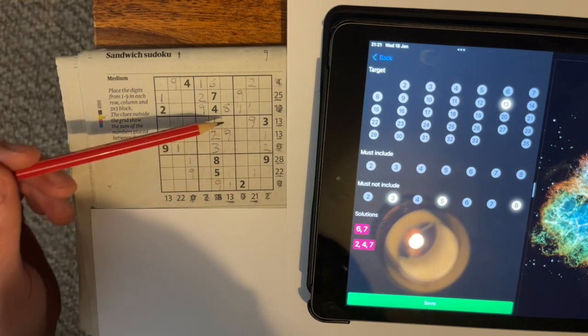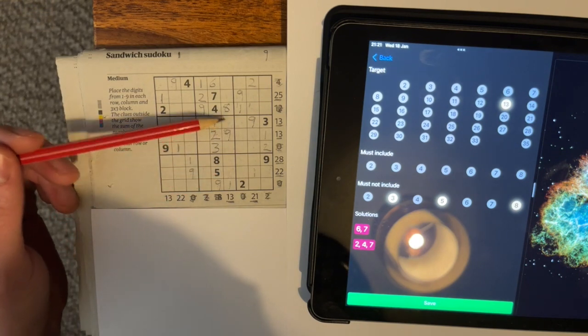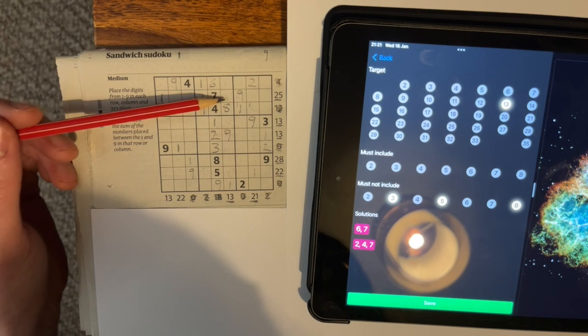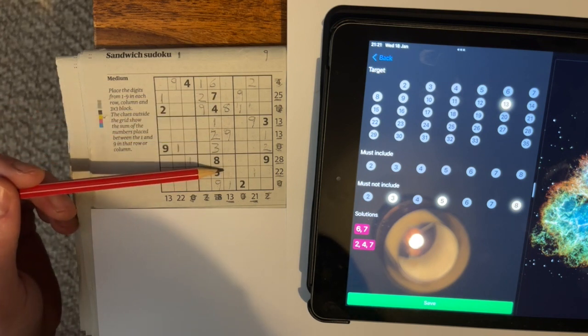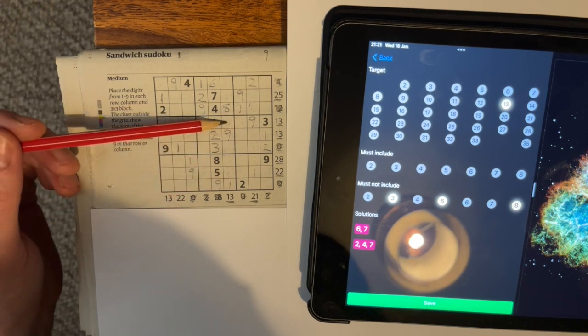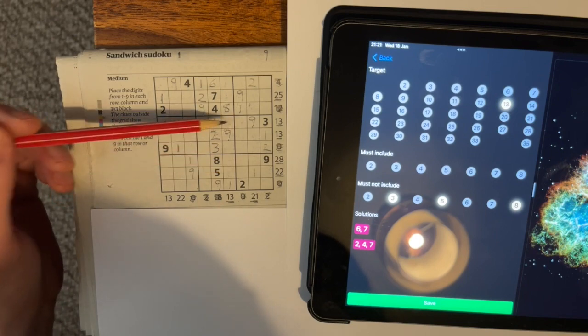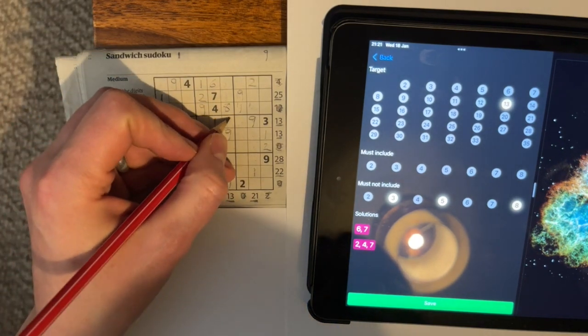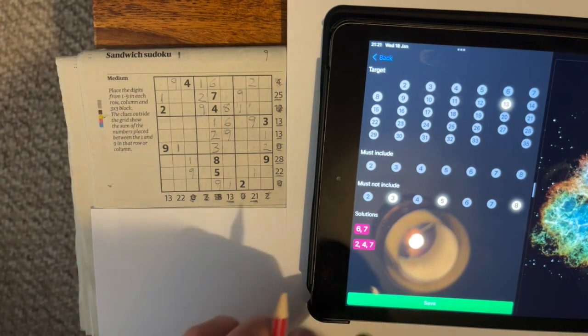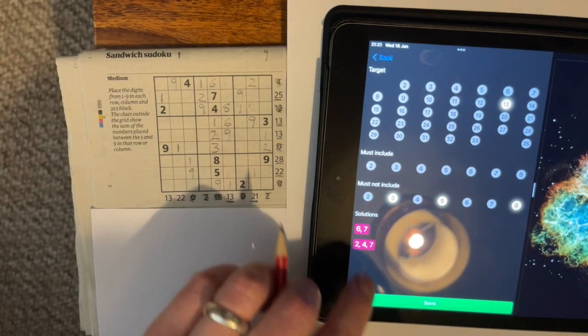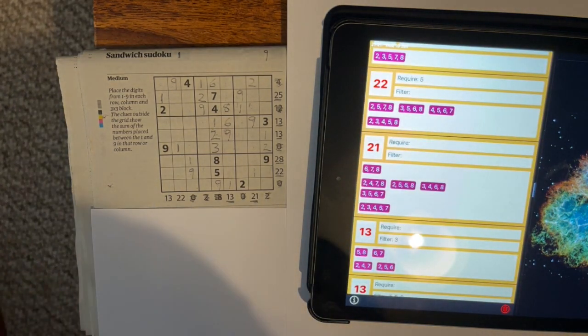But we can figure out what this one is here, because we know these are a 3 and a 5, and this is a 2, 4, 7. So the only number left is going to be the 6. So this is going to be a 6. I'm going to save that because we'll come back to that 2, 4, 7 later in the game, I'm sure.